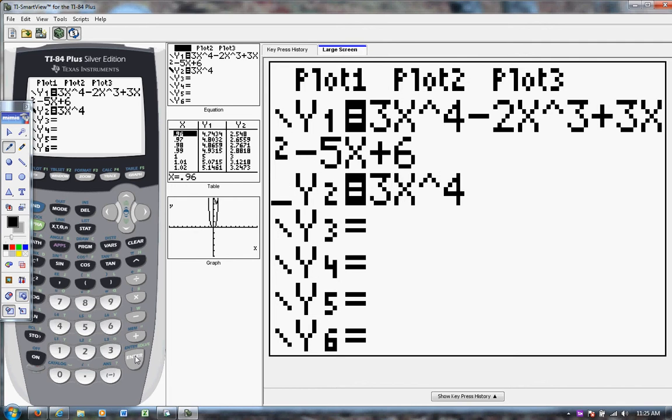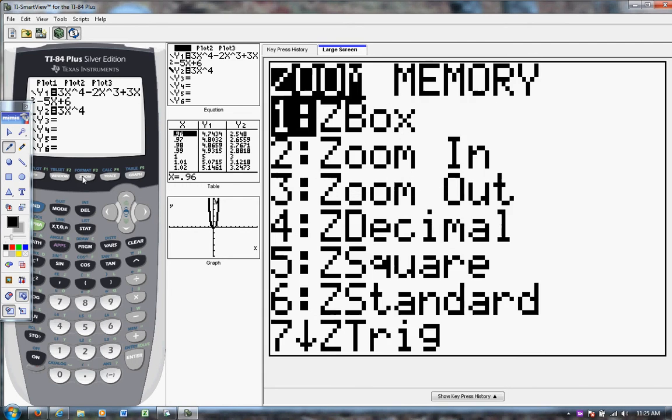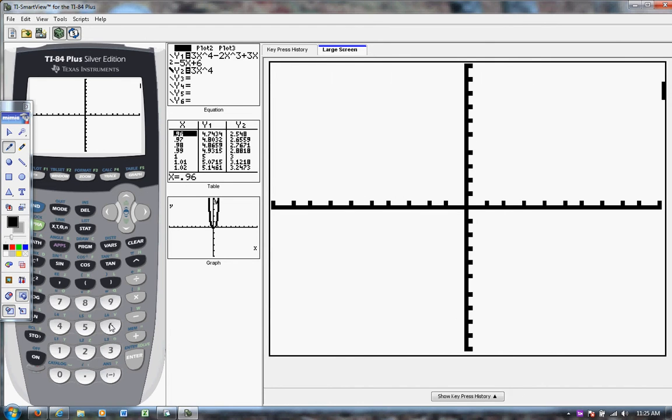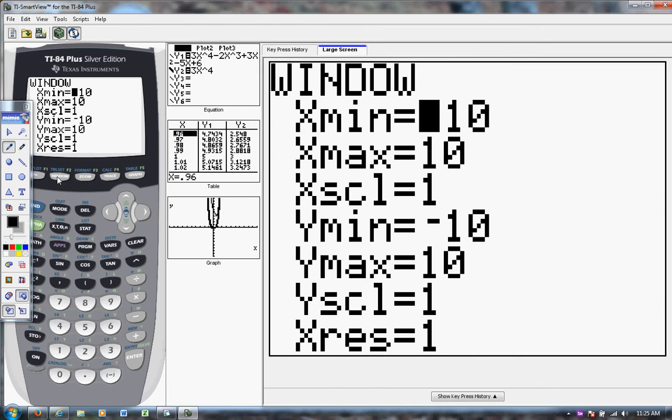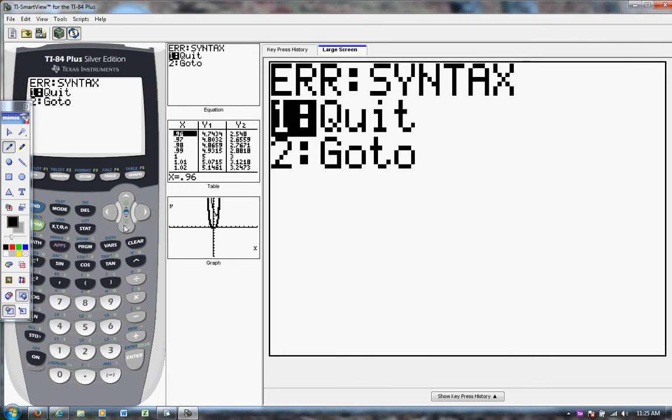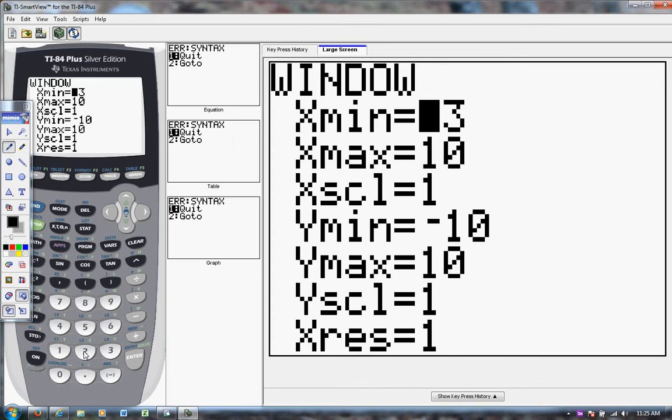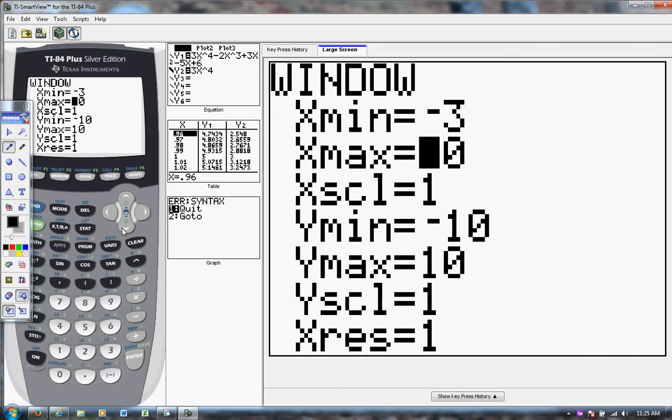All right? Now, let's start kind of small. Let's just see if these show up okay on Zoom Standard. They do, but let's close that window down so we can see it a little bit better. Let's make it like -3 to 3.